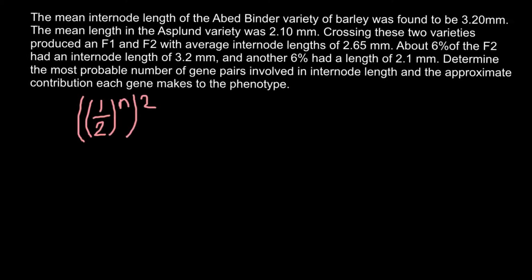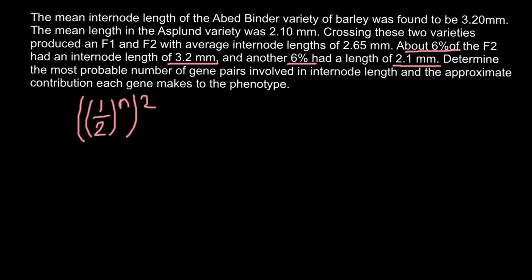As you see in our problem, we have about 6% of the F2 generation with one of the extreme phenotypes, that is 3.2 millimeters, and another 6% also with an extreme phenotype, that is 2.1 millimeters. So we have two extreme phenotypes, and both of them make about 6% of the total. So we can use this number for our calculations.